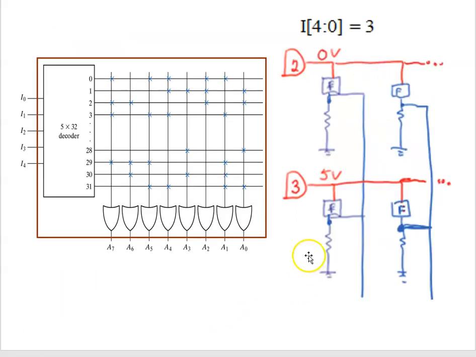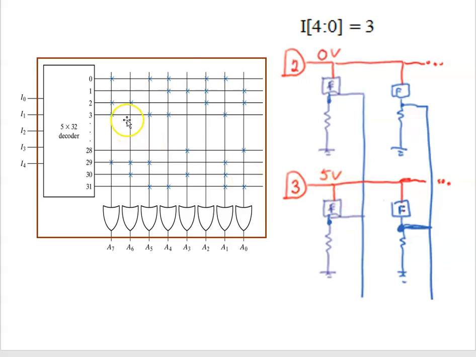So again, if we zoom in and take a closer look, at address space 3, since this has an X in it, that means that fuse is intact. So that fuse is intact, so this is a short circuit, so we're going to be connected to 5 volts when address space 3 is selected.